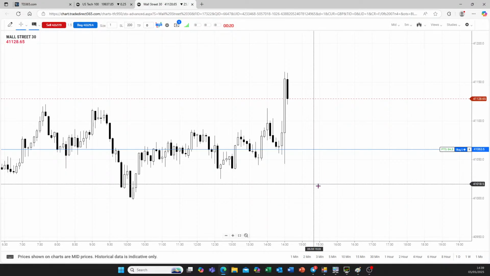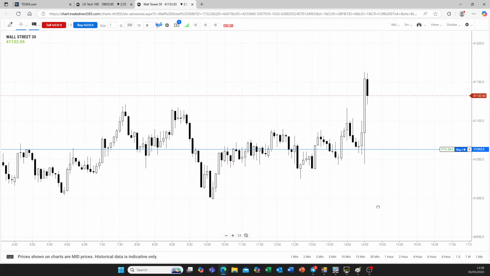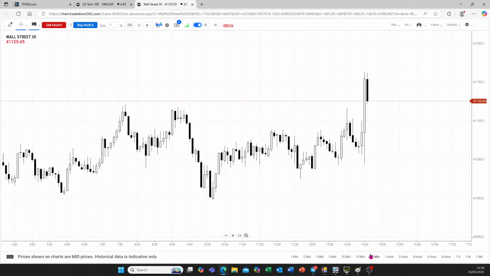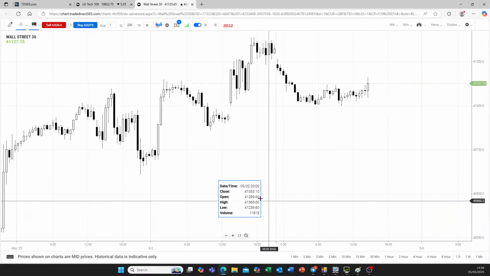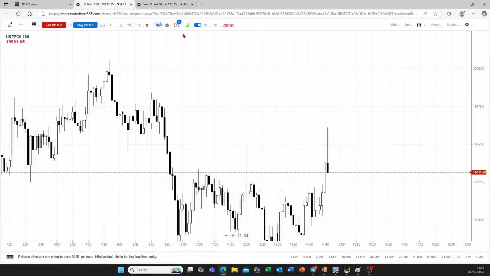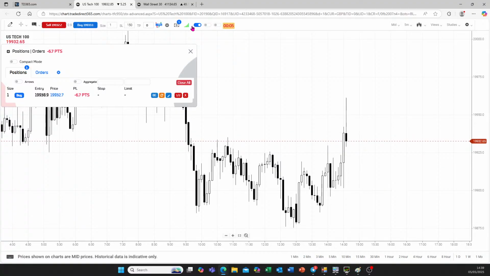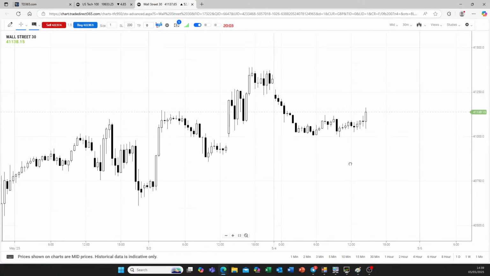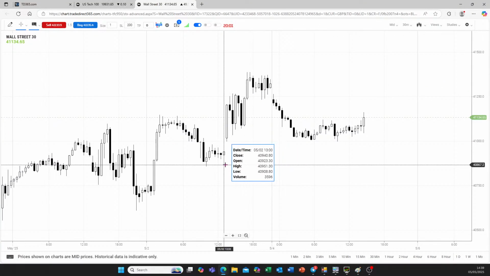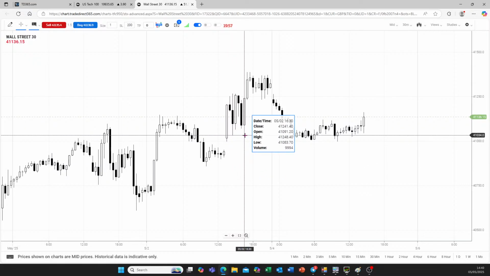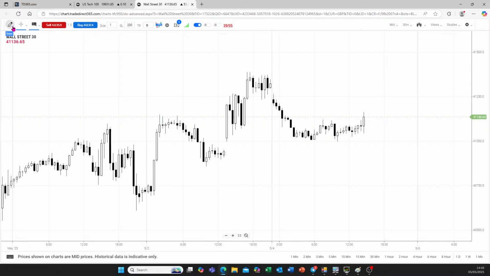Now, if I look at the same scenario in the Dow Jones index, and I go to a 30-minute chart, so see how the Nasdaq is actually coming back down again. If I look at the Dow, then the range is approximately from here up to here. I can draw it if you want.